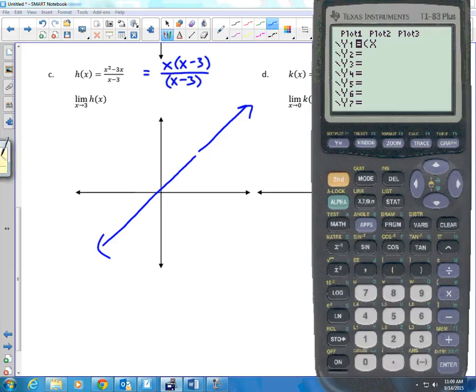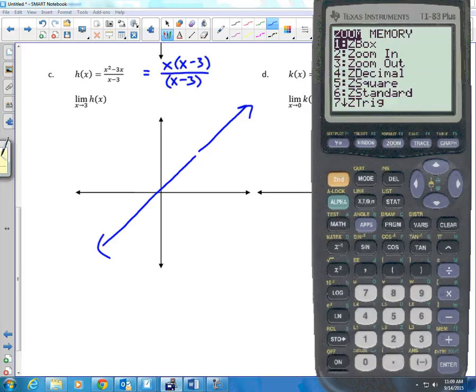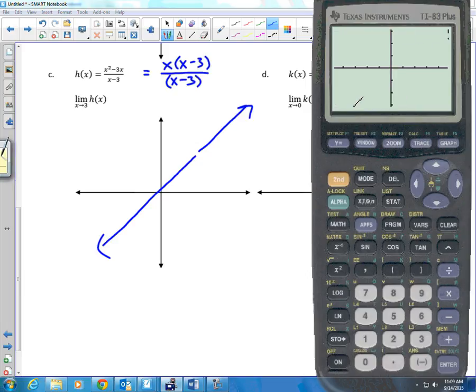X squared minus 3x minus 3. Now you take a graph, right? Any gap there? But if you zoom as a decimal, number 4. Oh, look at that.